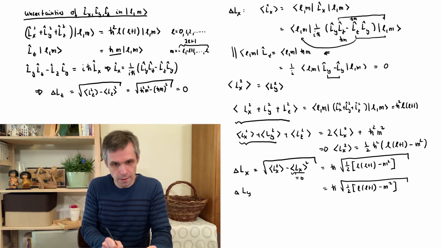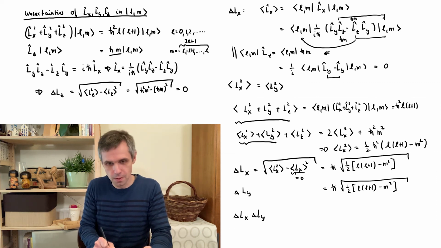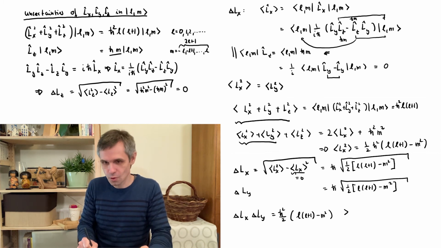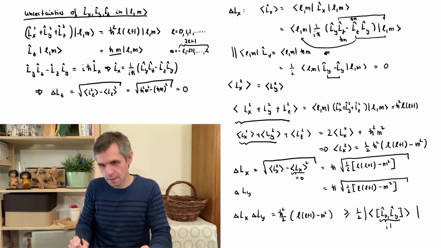And then we can multiply these two, but this is just for completeness because uncertainty principles often look like this. So then we just obtain this expression again, which is, of course, larger than this expression here, because here we have i h bar Lz, so we get the expectation value of Lz, which is even just 0.